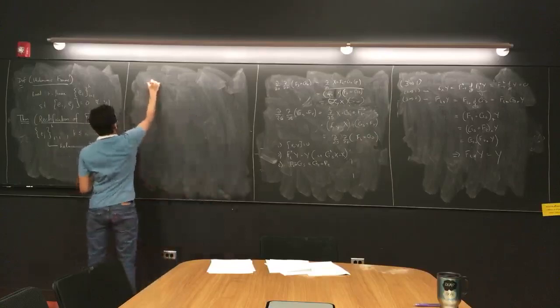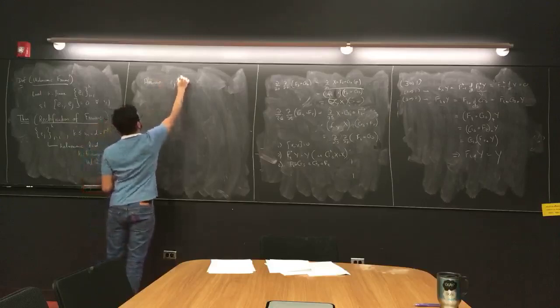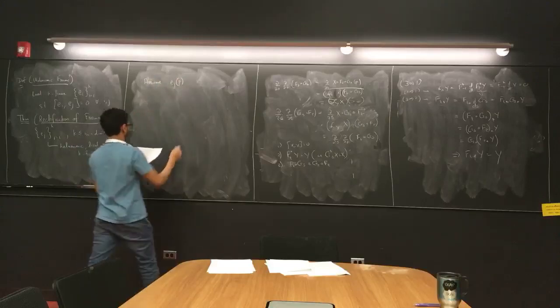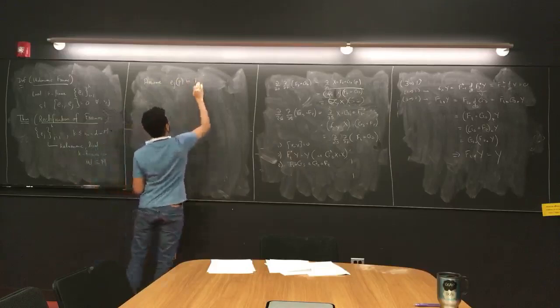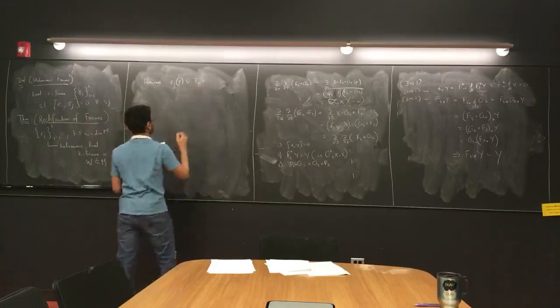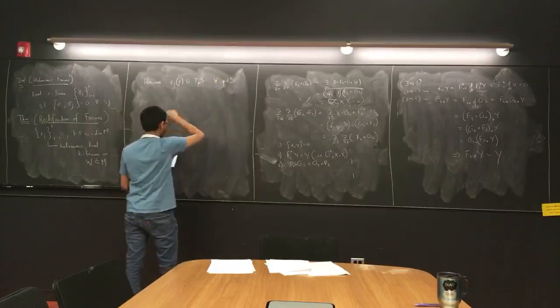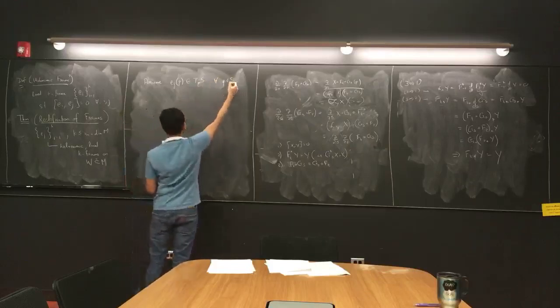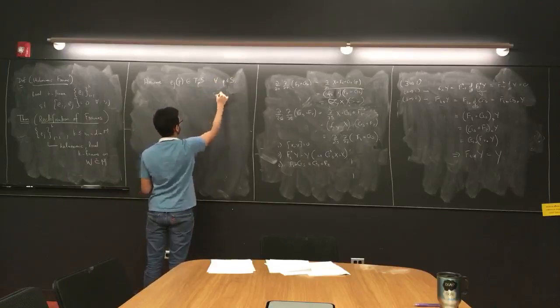We assume that the basis at a point P is such that it lies in the, well, it's transversal to the tangent space of some embedded submanifold.